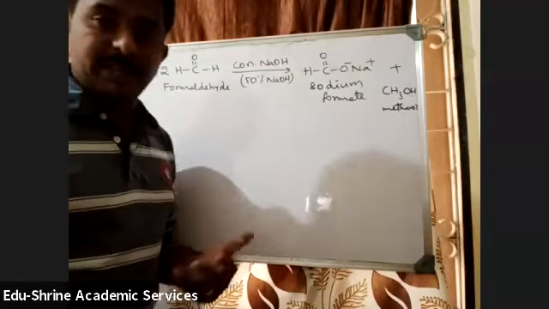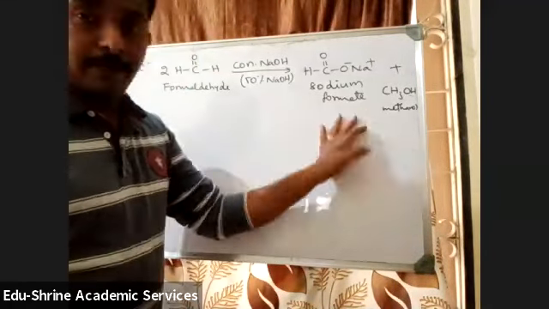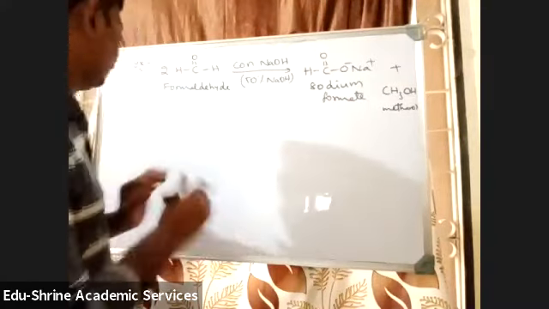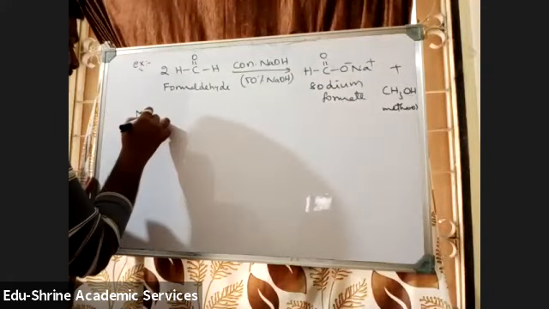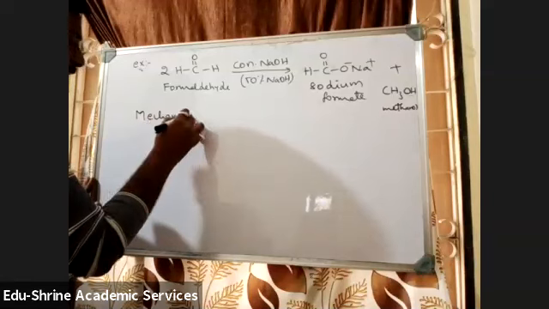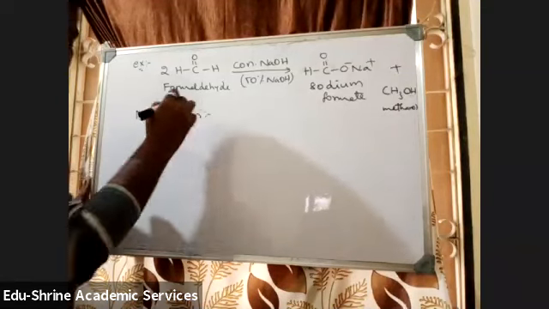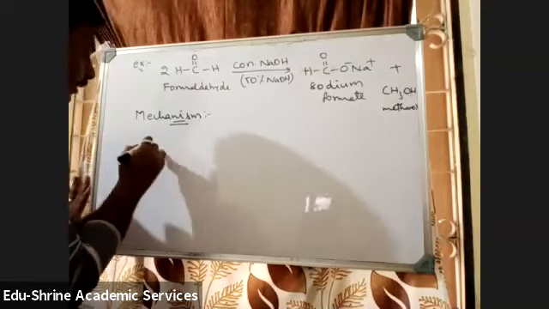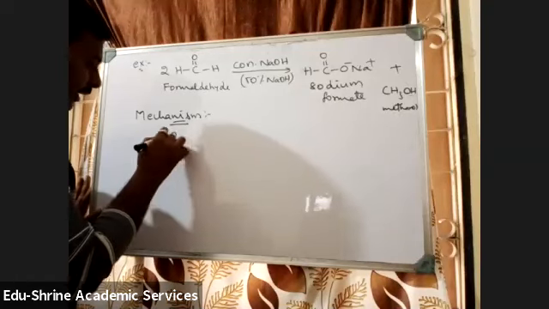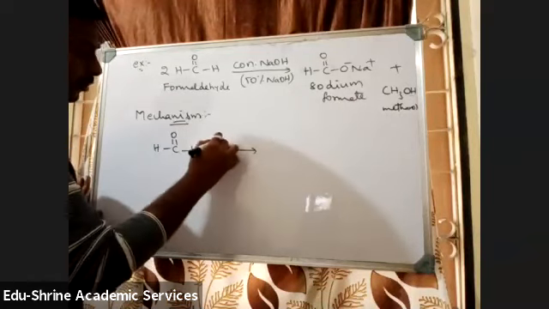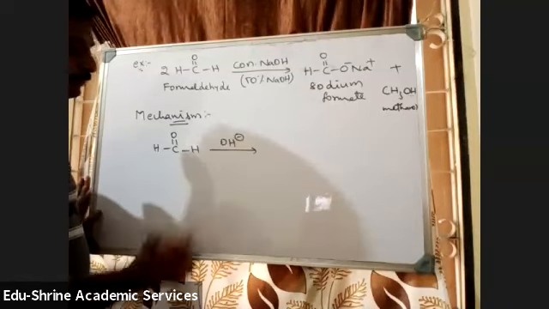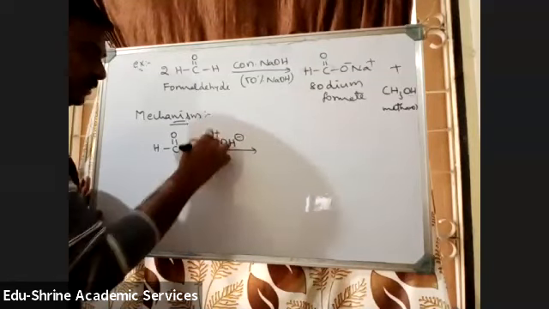Now let me explain the mechanism for this. Mechanism no need to remember again, right? For your information, mechanism. See here, students. Listen here. So this is formaldehyde. In the presence of base, NaOH, Na plus and OH minus.